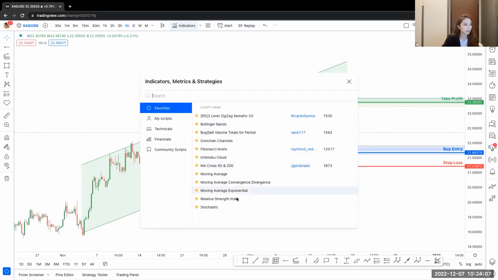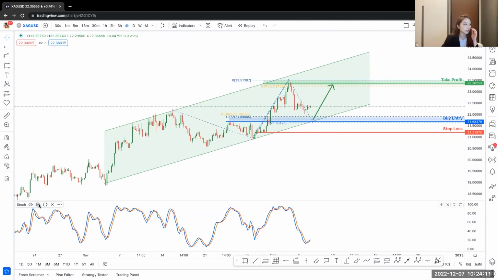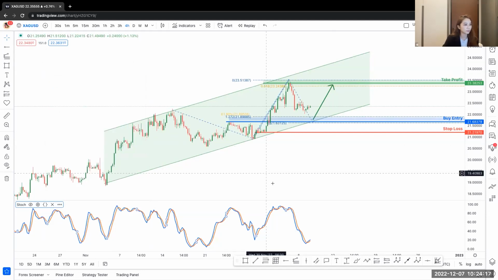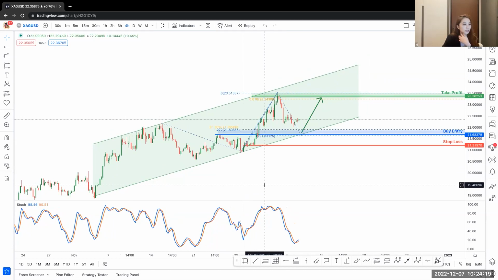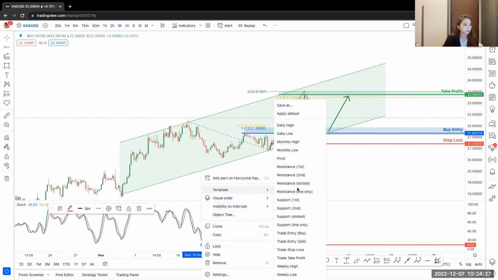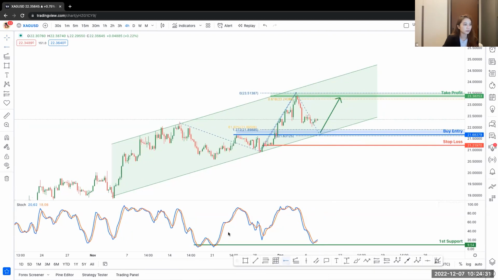Take a look at stochastics. So you can see that in this case, let me show the setting. The blue is percentage K and D is percentage D. And then we are looking at possible support levels, resistance level.